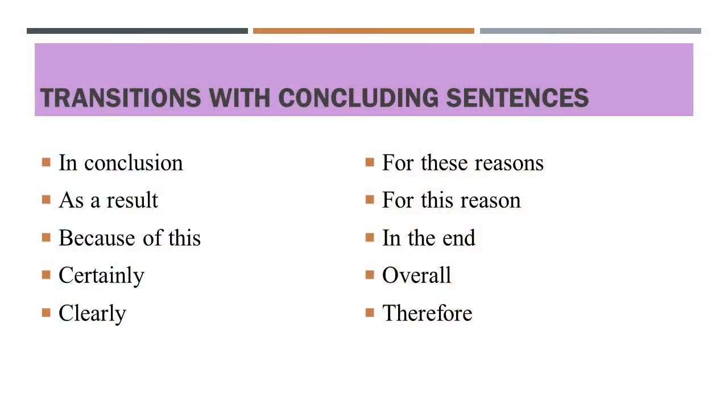I want to try something else. So here's some other ideas if you are bored of using in conclusion. They are in conclusion, as a result, because of this, certainly, clearly, for these reasons, for this reason, in the end, overall, and therefore. So you can use any of these to indicate to the reader that it's your concluding sentence.